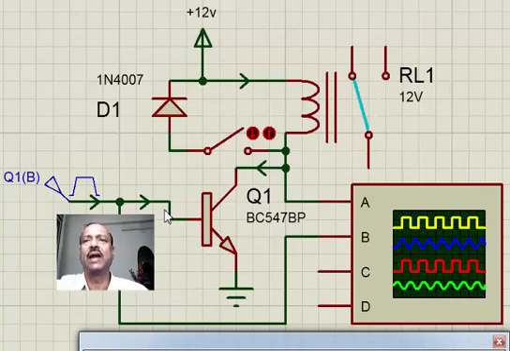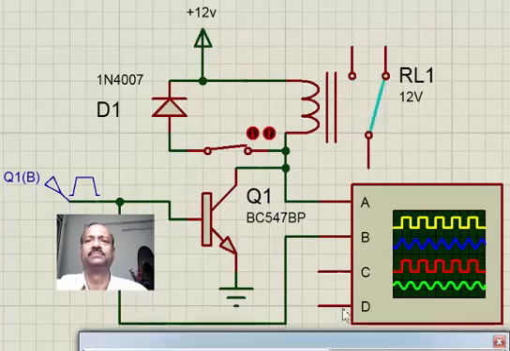Now we will see what happens when we bring the circuit into operation. Initially let me put the diode in the connected position. This is the exact situation in which the circuit is used. Now while we operate this, this relay is operating on and off because I am giving an input of on and off.